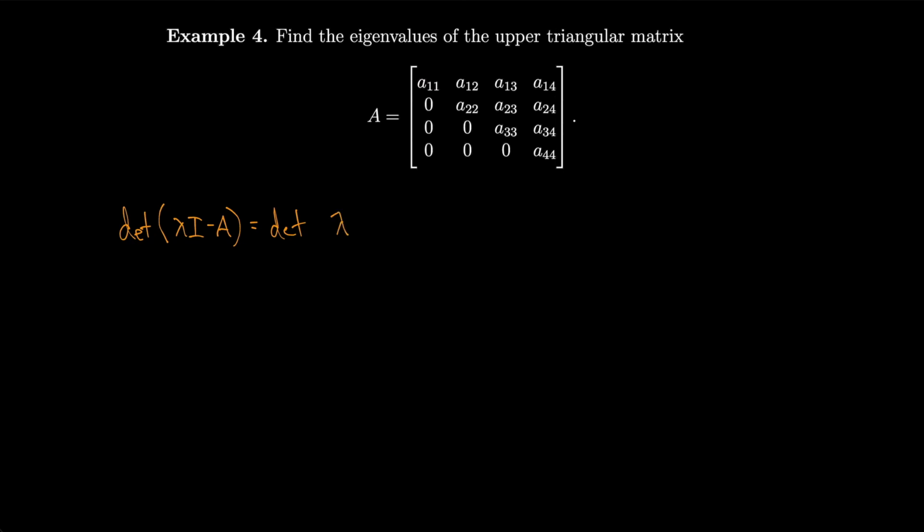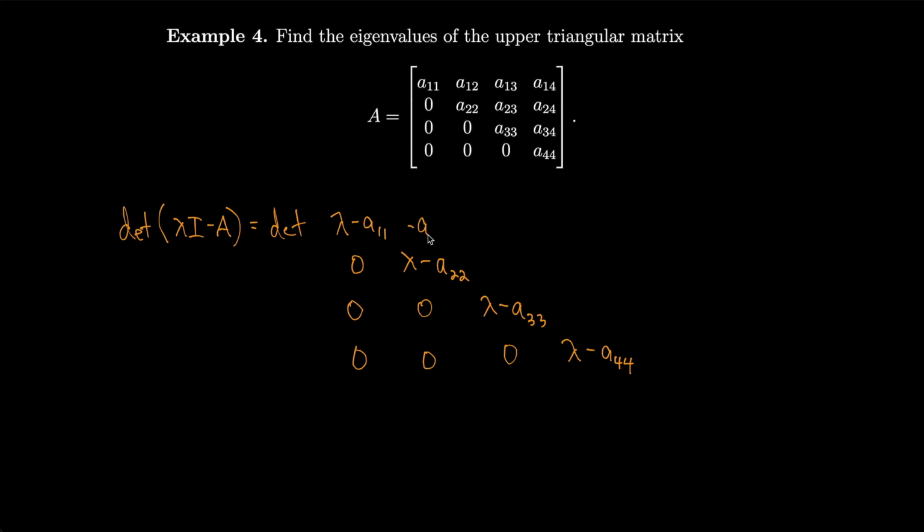So that's lambda minus a11, lambda minus a22, lambda minus a33, lambda minus a44. And then all of these guys are still 0 minus 0, so it's 0, 0, 0, 0, 0, 0, and then above just the minus versions.